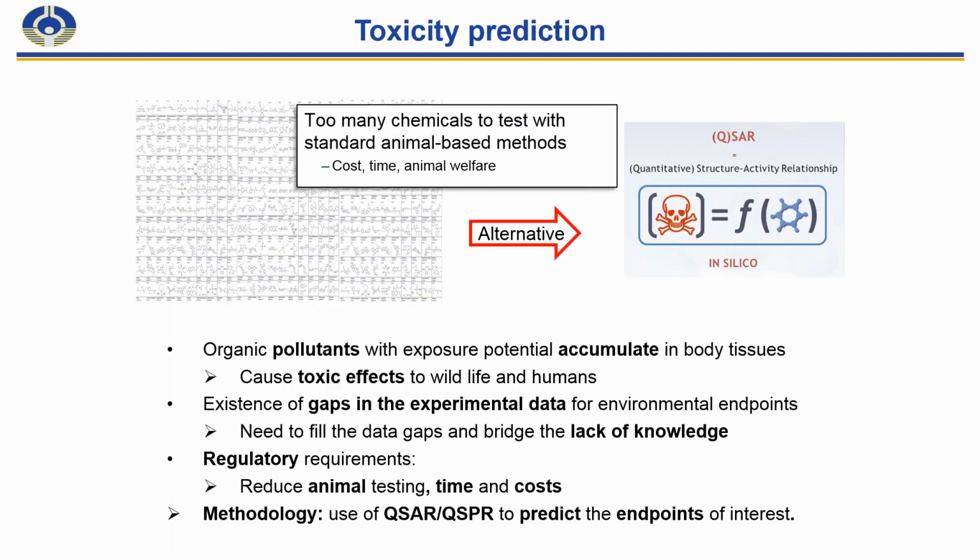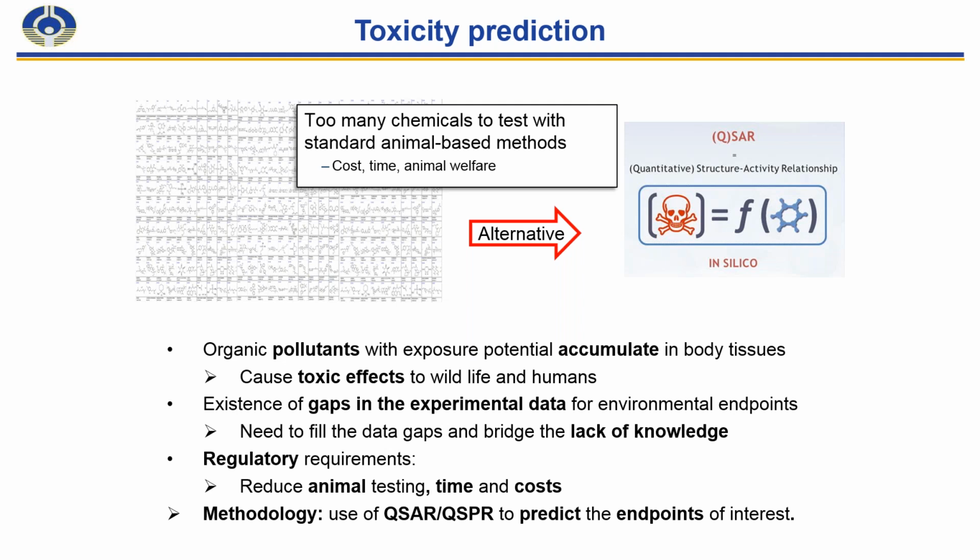So I think everyone understands the concept of why we need alternative approaches, not only from an animal welfare standpoint, but simply from a resources standpoint as well. There are far too many chemicals in the environment that people are exposed to actually test with standard animal-based methods.